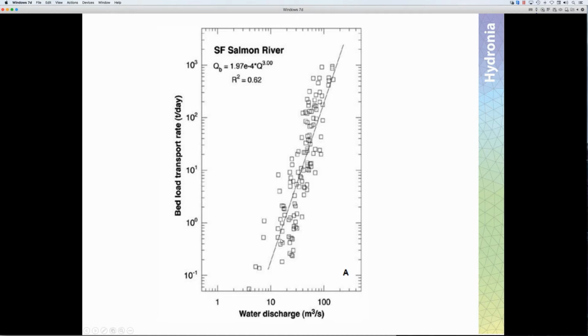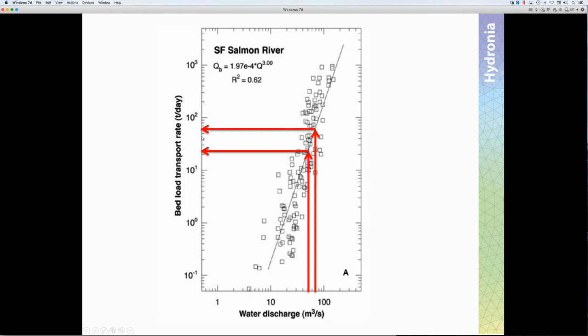So the problem with this type of behavior, that is actually a physical behavior, is that this has nothing to do with the models, is that for a particular discharge, you can get the bed load transport rate. That's perfectly fine, and it's an approximation. But what happens is if you have a little error or uncertainty on the water discharge, a little higher discharge will lead to a much higher bed load transport rate.